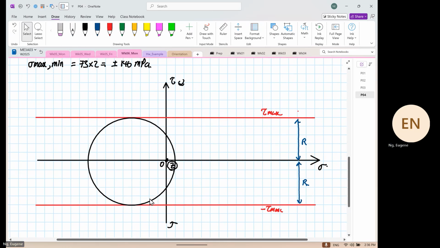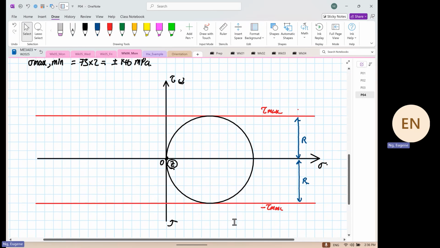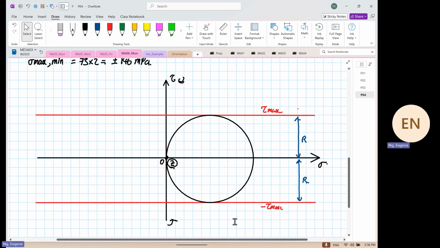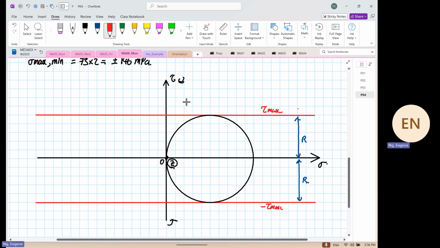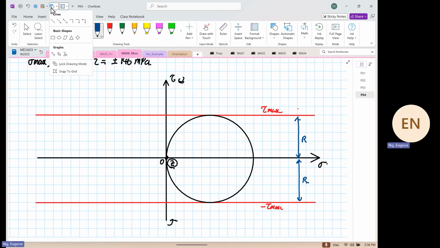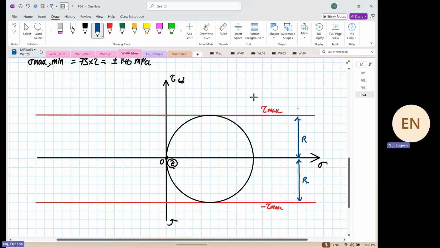We know that at one point, it has to touch Z, at the minimum point. So stress max or stress minimum is at 0 point. When that's the case, I can now sketch a perpendicular line, in a different color, coming down from the top.